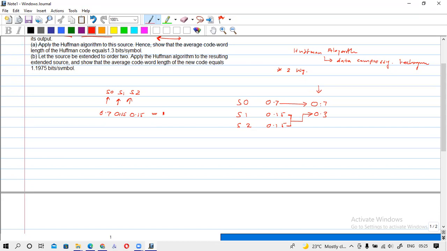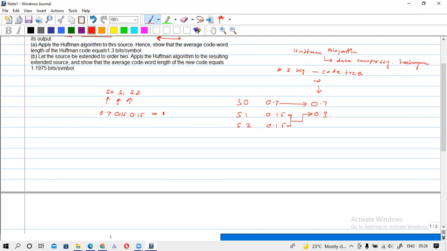Anyway, one way is you can assign bits only for these addition parts, and then you will get what is called the code tree. The other way is you can assign the bits at any level, at every level.